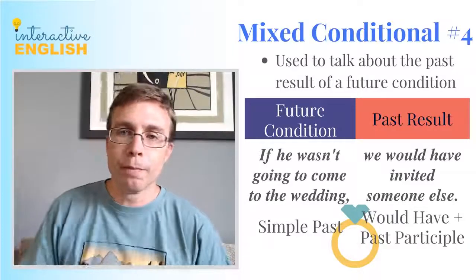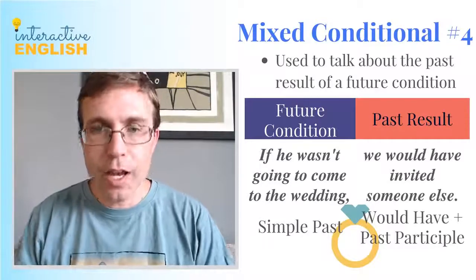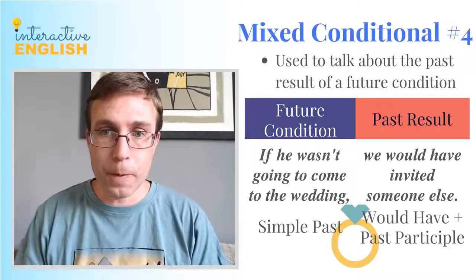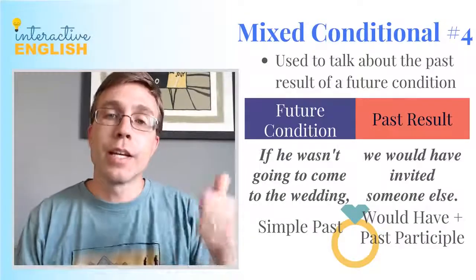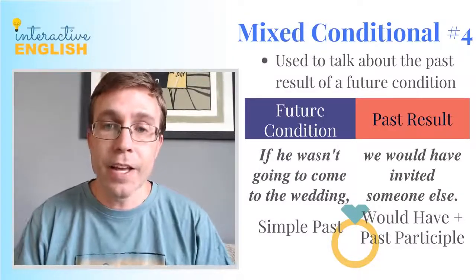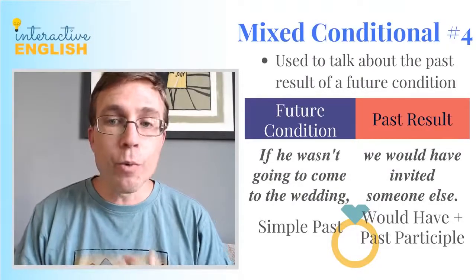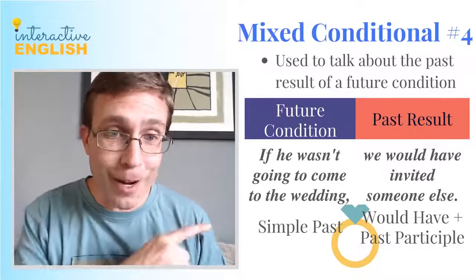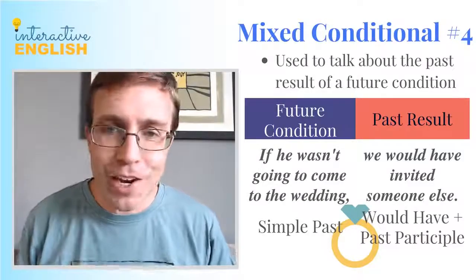So the fourth one, used to talk about the past result of a future condition. Okay, so our condition is in the future. The result is in the past. If he wasn't going to come to the wedding, we would have invited someone else. Now, right here, you might be wondering, wait a second, I thought you said the subjunctive.